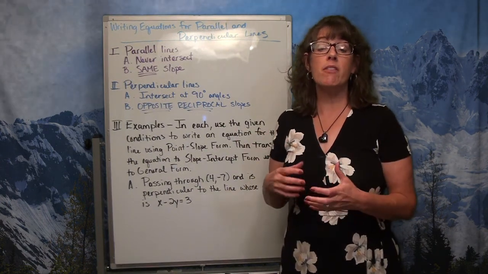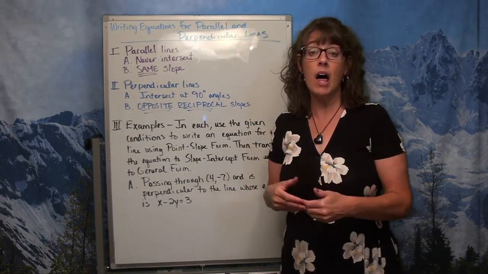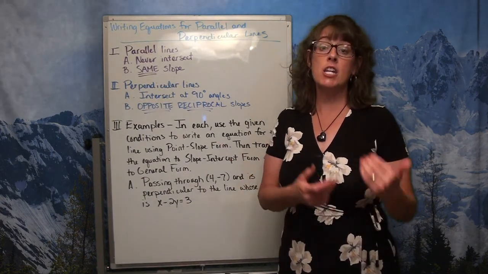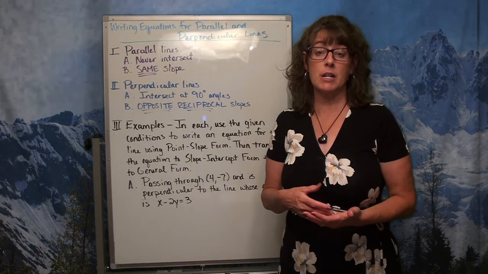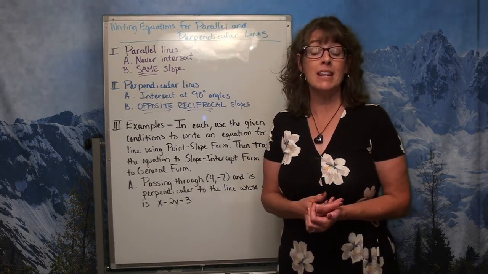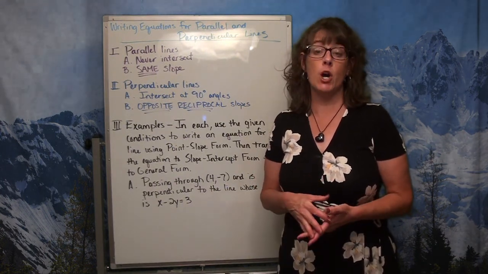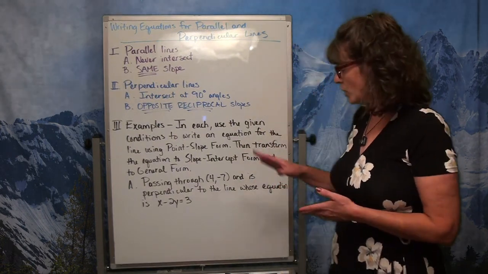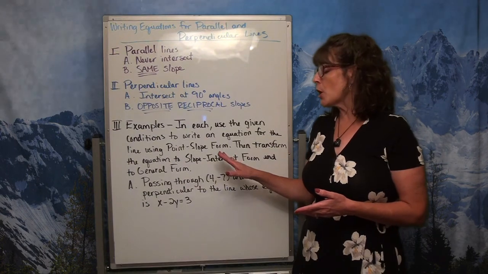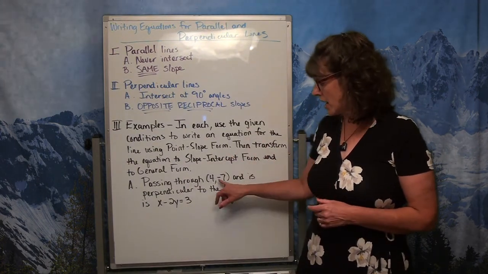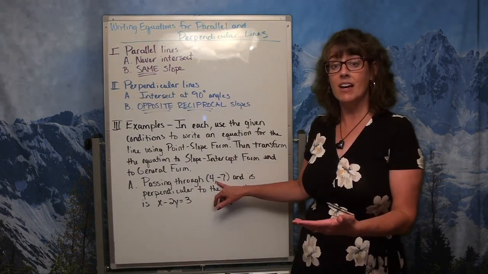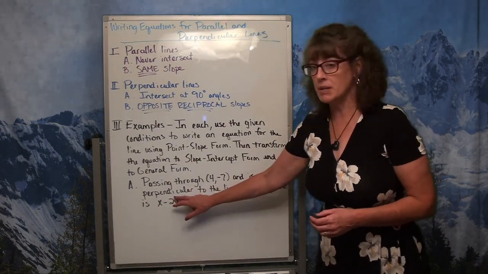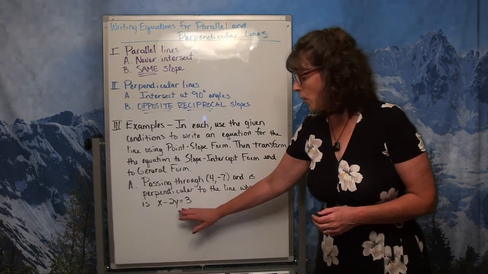That information allows us to take one line whose equation we know and create another line that is either parallel or perpendicular to it and write that line's equation, given that we know one of the points that line goes through. We're going to do a couple of examples of that. In each example, we're given the point that the second line goes through, whether that second line is parallel or perpendicular to the first line, and the equation of the first line.